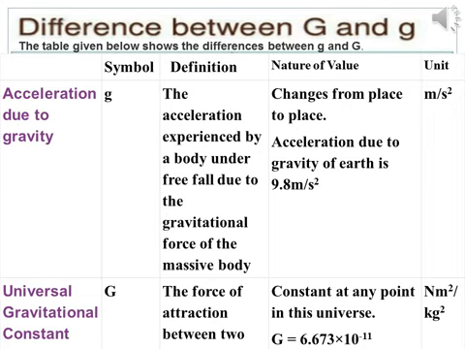Its value is equal to 6.673 into 10 the power of minus 11 Newton meter square per kilogram square. And fourth point is unit. SI unit of acceleration due to gravity is meter per second square, and SI unit of universal gravitational constant is Newton meter square per kilogram square.